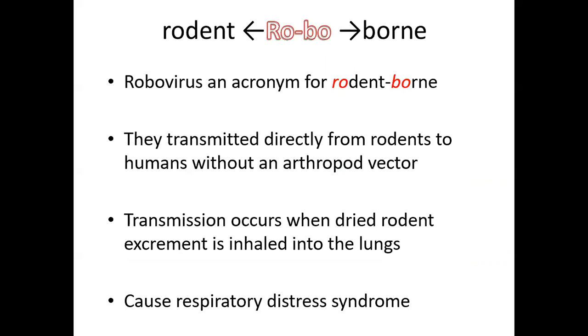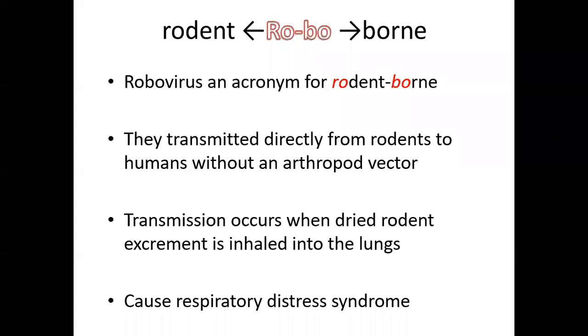Another term is robovirus. Likewise the arbovirus, there is another term known as robo. Robo is an acronym for rodent borne, and these viruses are transmitted directly from rodents to humans without an arthropod vector.